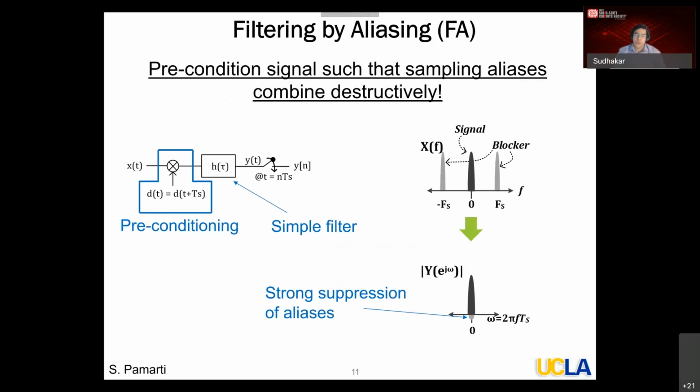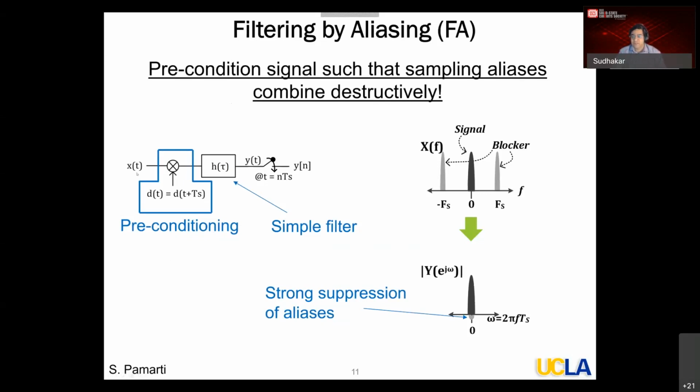So what kind of signal conditioning can we do? Our approach is to do a time varying signal conditioning. For example, in the block diagram on the left here, there is a preconditioning block. Now, this is not the only way of doing this. This is one way, a simple way, easy to understand. So what do we do? In this case, we take our desired signal x of t.